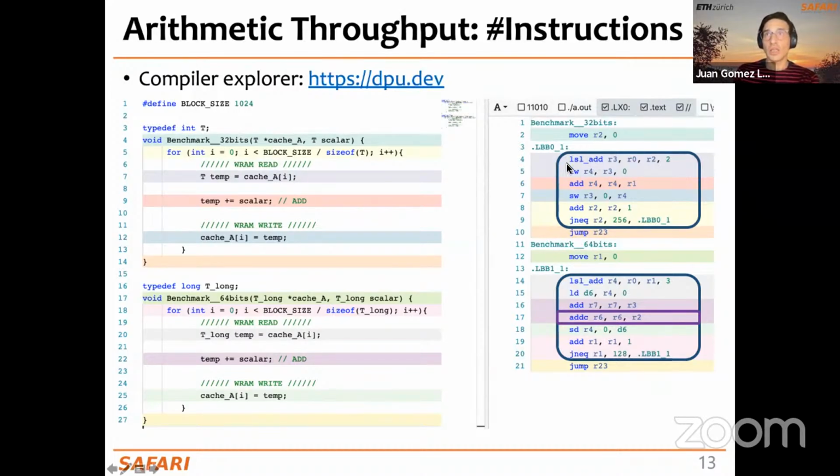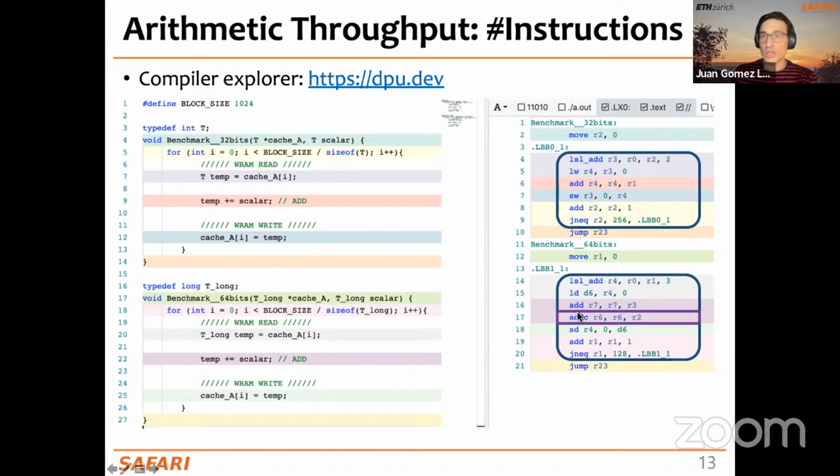In these instructions, we are operating on elements of 32 bits, while in this code we want to operate on elements of 64 bits. The way to support the addition for 64 bits is to have this addc, which is an addition with carry.